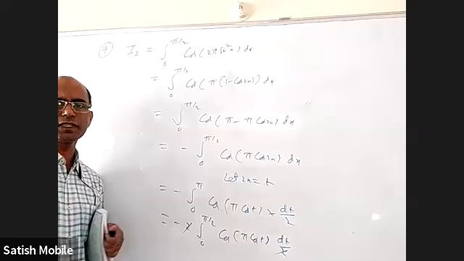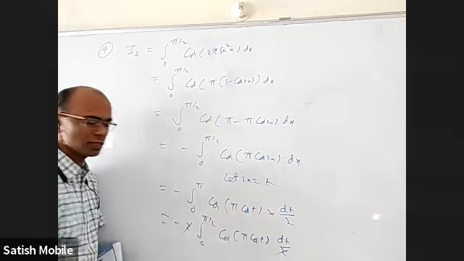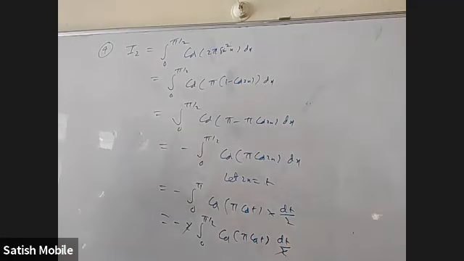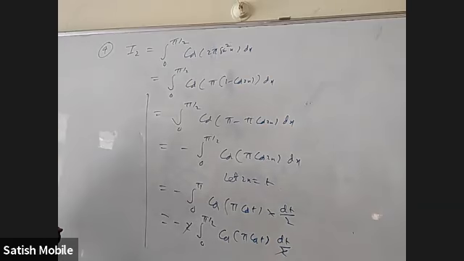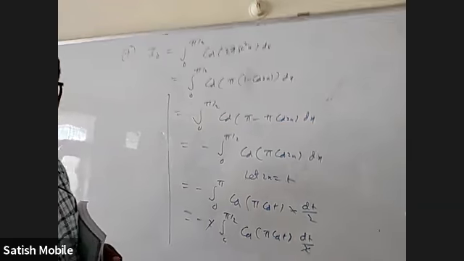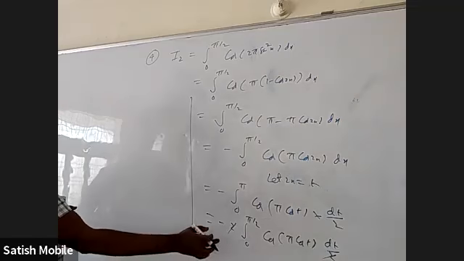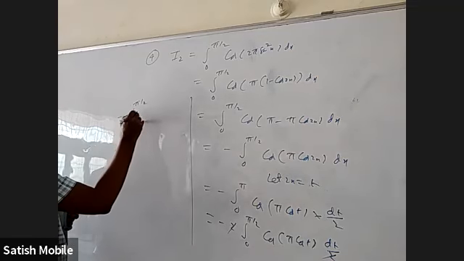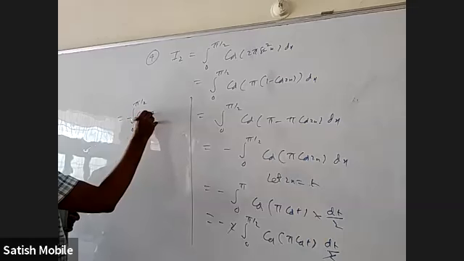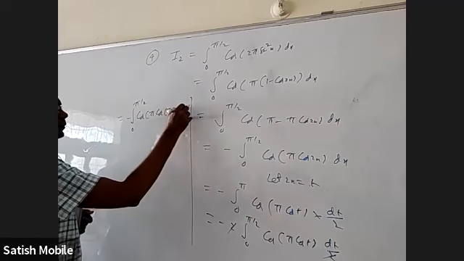One may say still it is not I3 because we want to have sin t. No problem. Replace t with pi by 2 minus t. So from here it is minus integral 0 to pi by 2 cos of pi by 2 minus t dt.